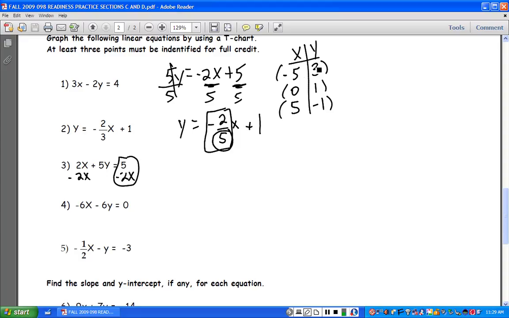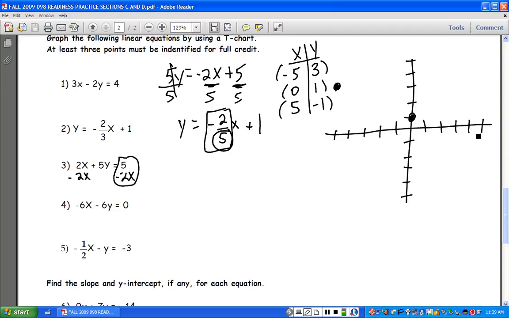5 being the biggest number out of all of these, or the greatest distance from 0, is maybe a better way to put it, absolute value wise. 1, 2, 3, 4, 5 on each side. Okay, so -5 back here, up 3. 5, down 1, right about in here somewhere. 0, 1 here.